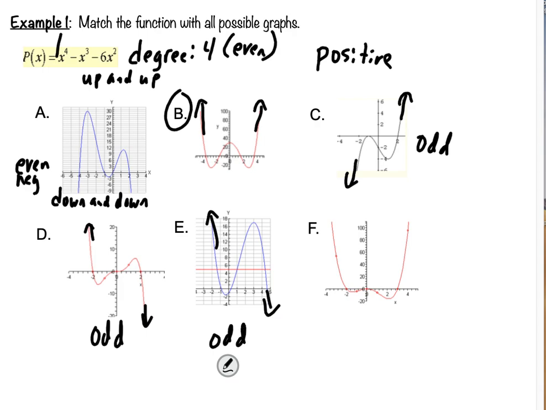What about letter F? What's happening at the ends? It's going up and up. Up and up, that's good. It's even and going up and up, so that means it's even and positive. So both B and F in this case would work.